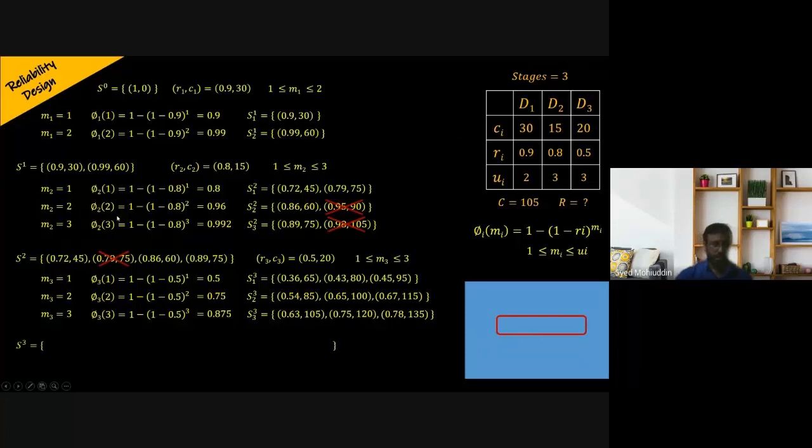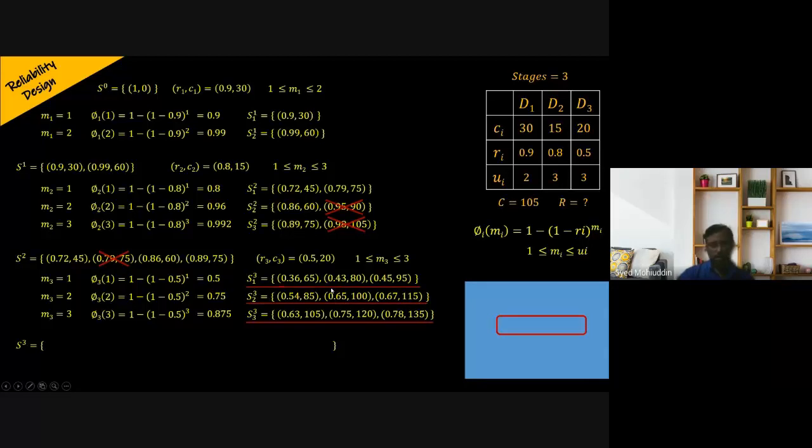Now remember, U is nothing but the maximum number of devices at most we can use: stage 1, 2 devices of D1; stage 2, 3 devices of D2; stage 3, 3 devices of D3. So let us try to create a set S3 by union of set S2, S31, S32 and S33.